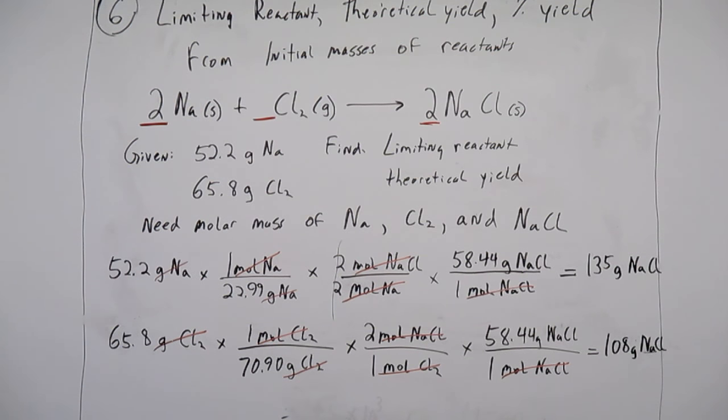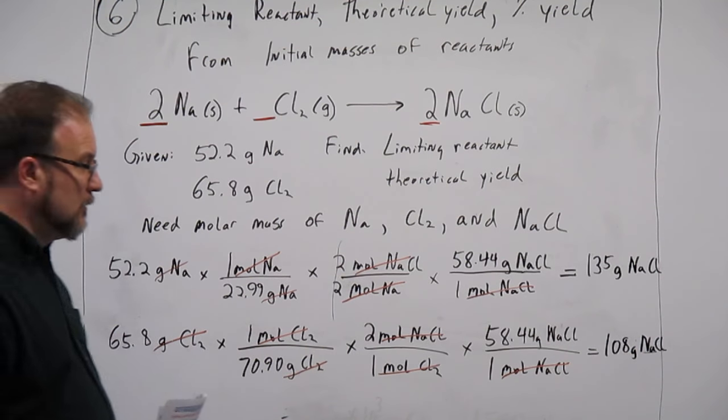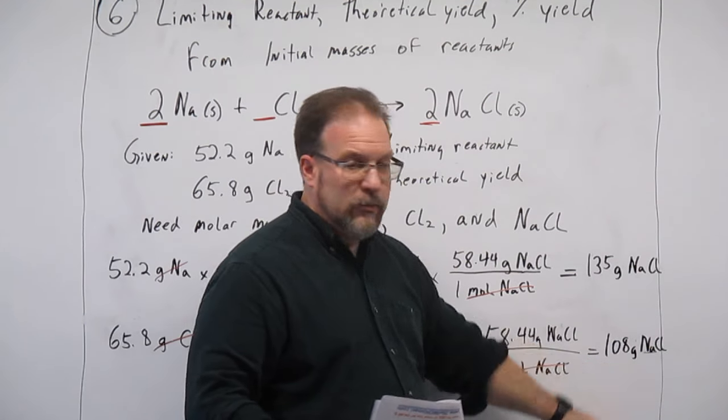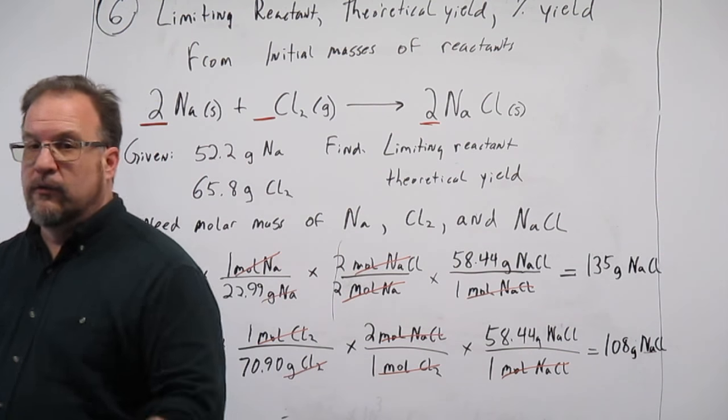Have we found the theoretical yield? No. Why not? I think we have, right? What is the theoretical yield? It's the amount that comes from the what? The limiting reactant. So this is the limiting reactant. What's the yield from the limiting reactant? The yield is 108 grams of sodium chloride. So you get a 2 for 1 out of this.